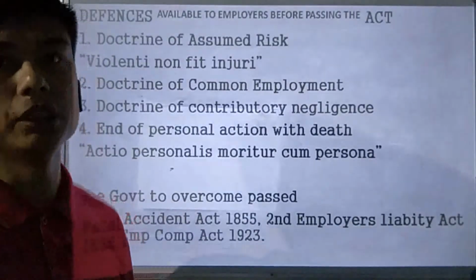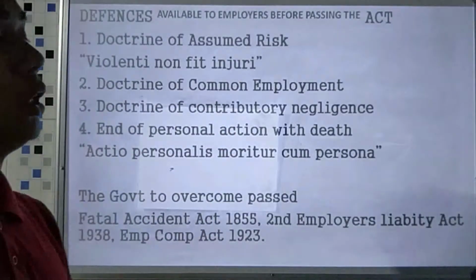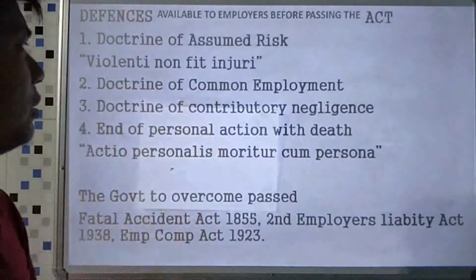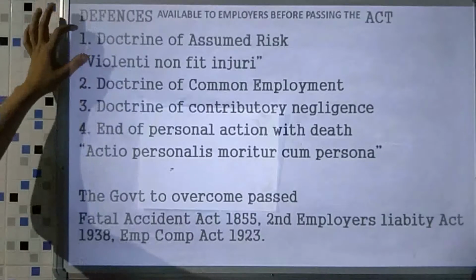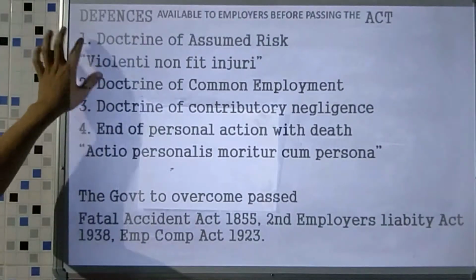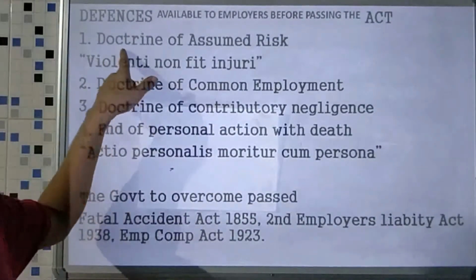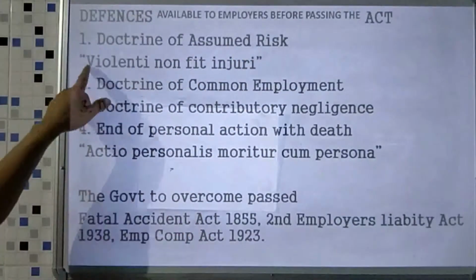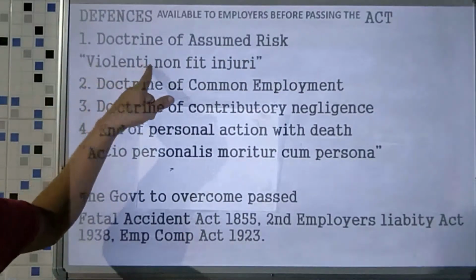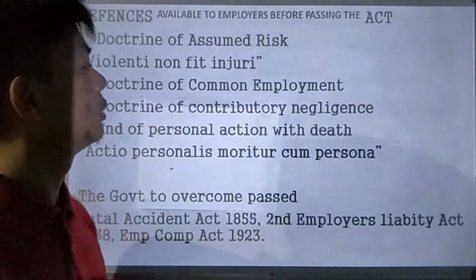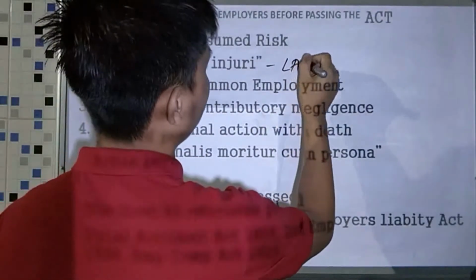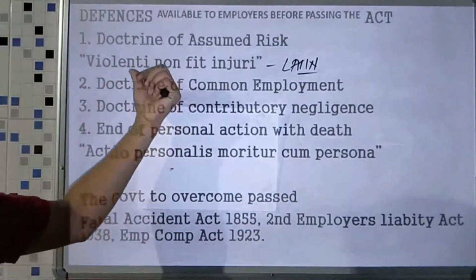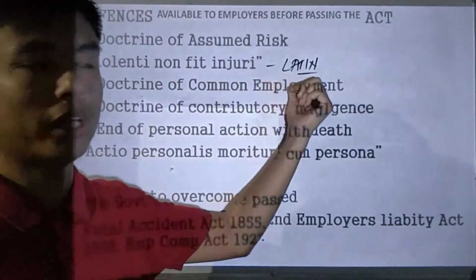So what are those defenses? One, as you can see on the board, is the doctrine of assumed risks, known as volenti non fit injuria. It's a Latin phrase. What does it say? Volenti means voluntarily, you have assumed the risks.